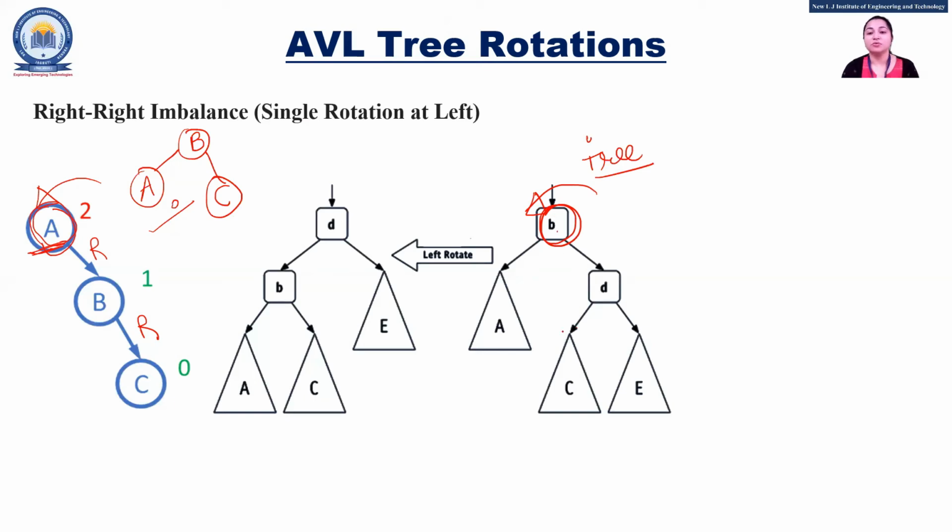But what about the left child of D? Whichever node is put in root, its left subtree will be connected to the new left subtree. So here there is an empty place at the right child of B. So this left child will be connected in the left subtree only.